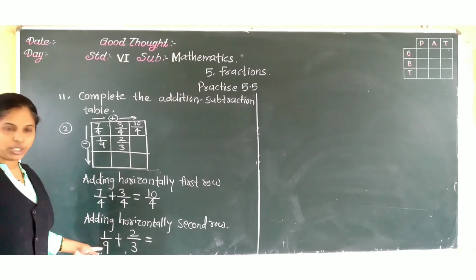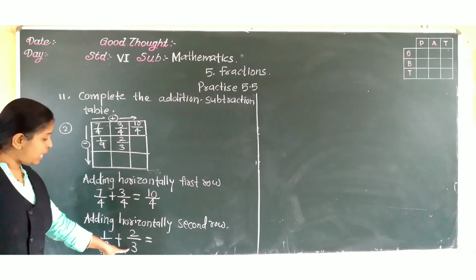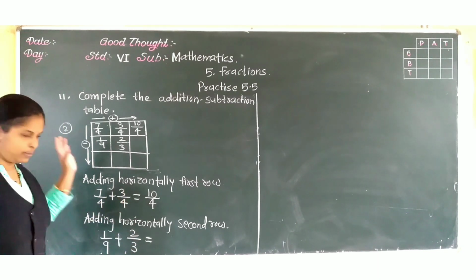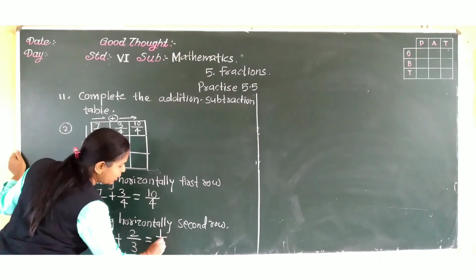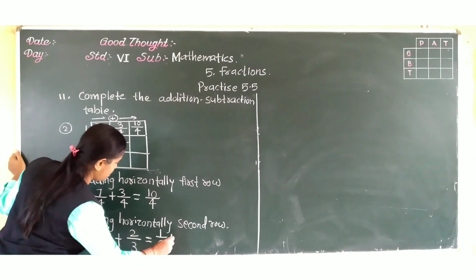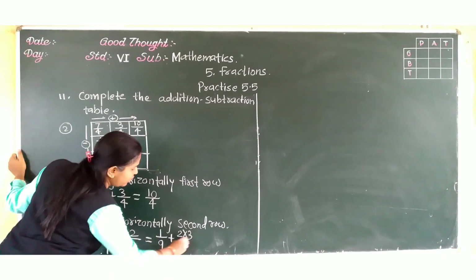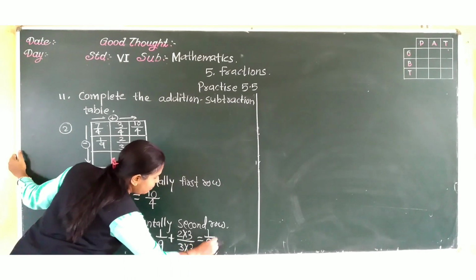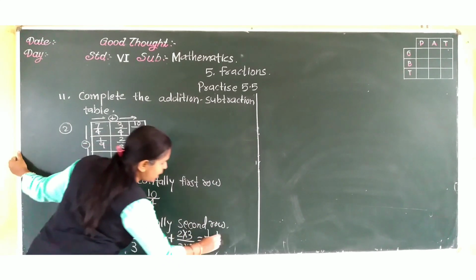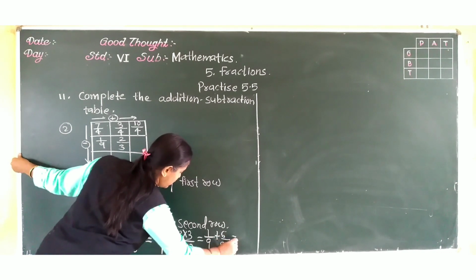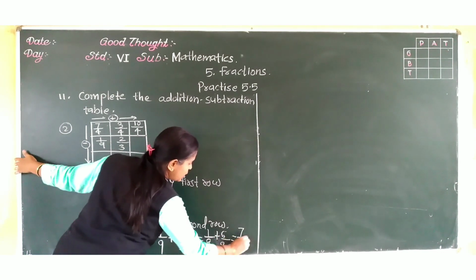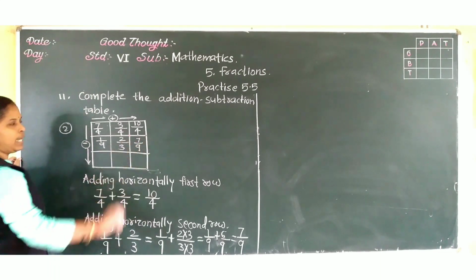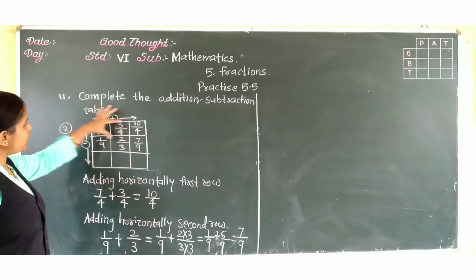Both are unlike fractions, so take LCM. That means this 2 upon 3 we have to multiply by 3. So 1 upon 9 will remain the same plus 2 into 3, 3 into 3. That is 1 upon 9 plus 2 3s are 6 upon 9. That is 6 plus 1, 7 upon 9. So the answer is 7 upon 9.